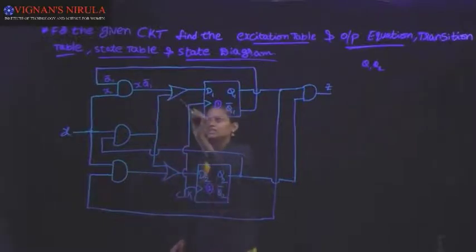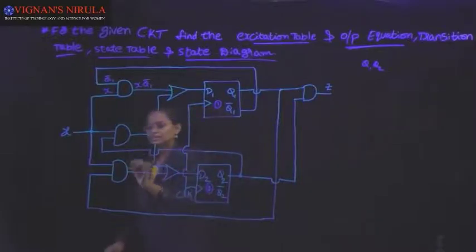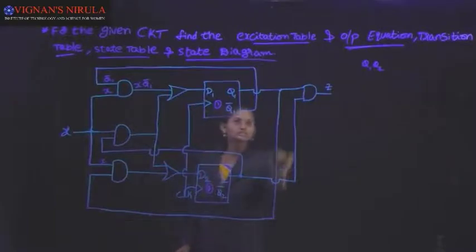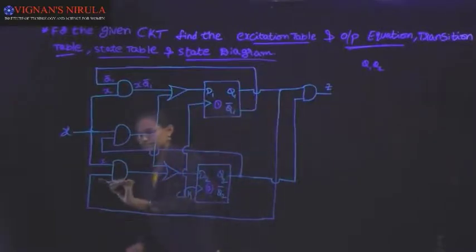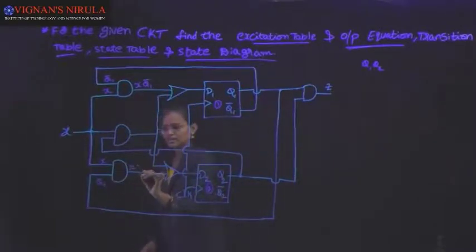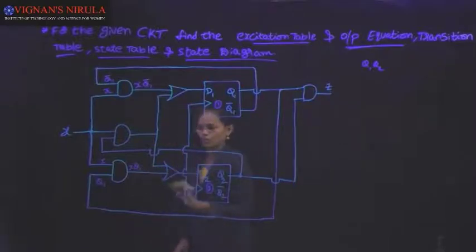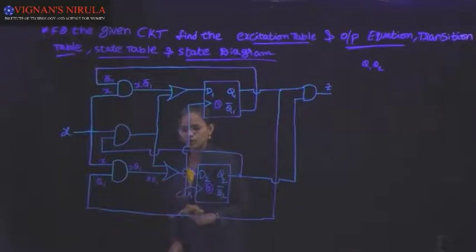Next, this is the X input and this AND gate consists of Q1, so this AND gate gives X Q1.